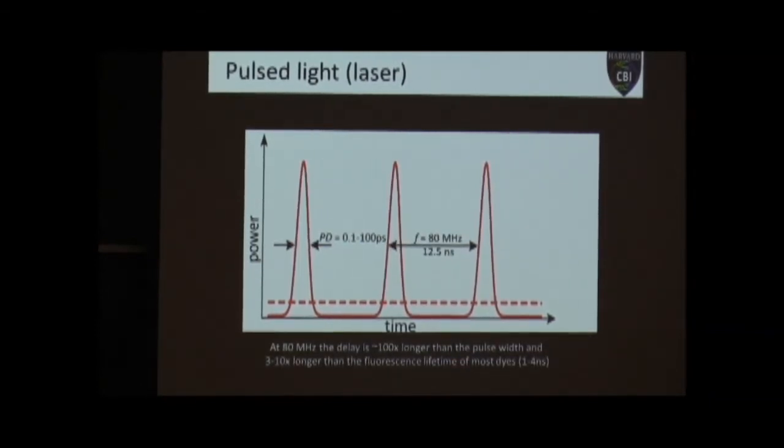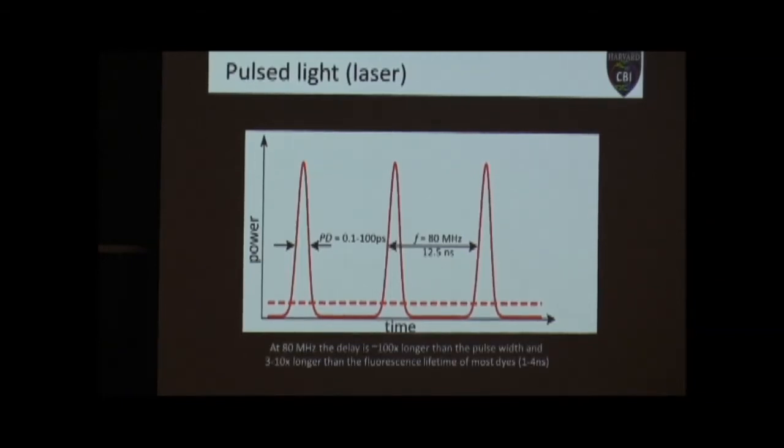So what this means is when this laser is running at 80 megahertz, this delay is about 100 times longer than the pulse width, and it's 3 to 10 times longer than the fluorescence lifetime of most of the dyes that we're looking at. There are some dyes that do have longer lifetimes than that.